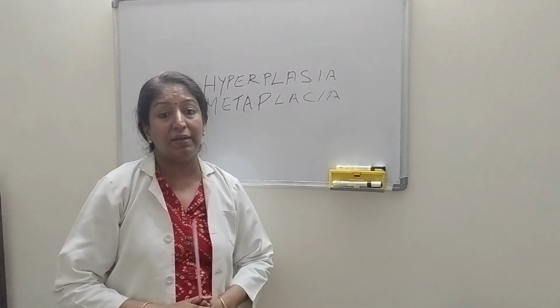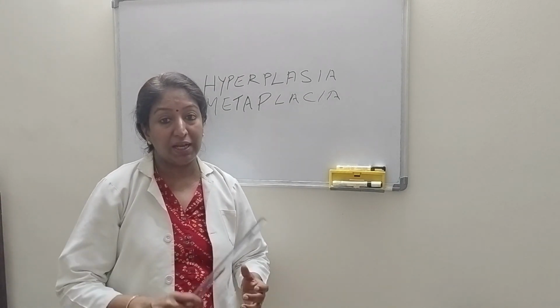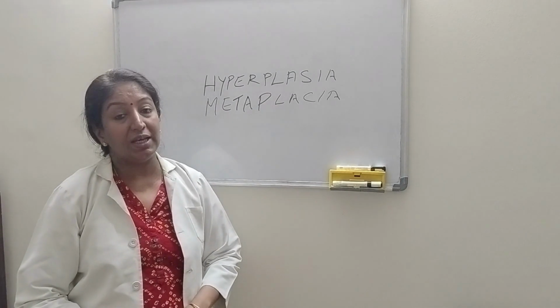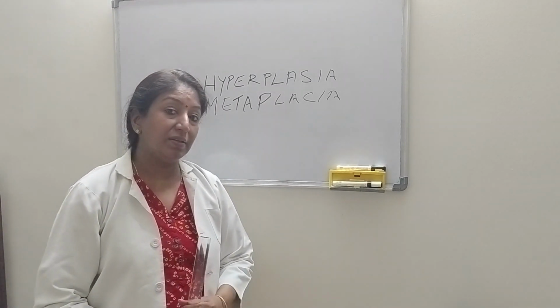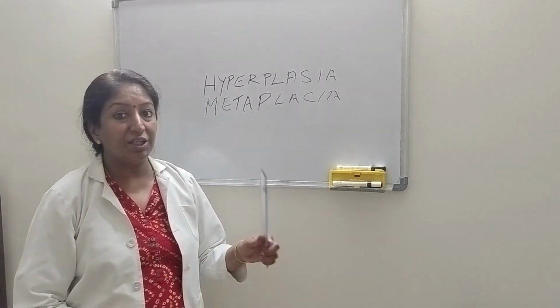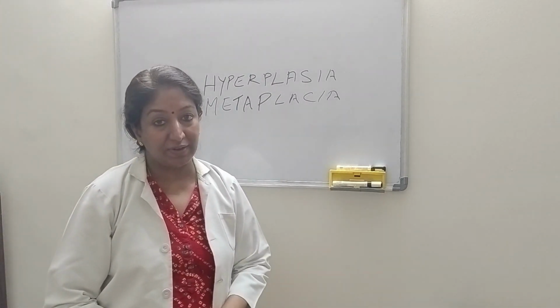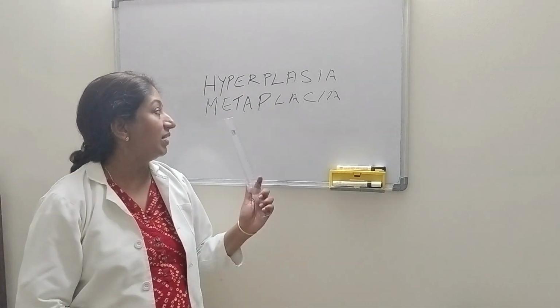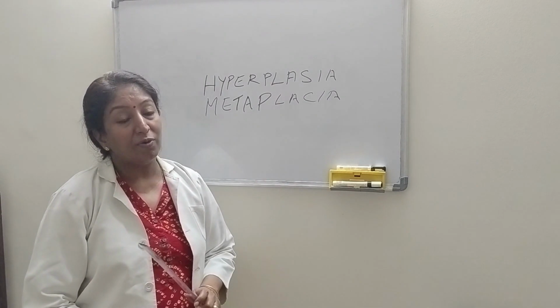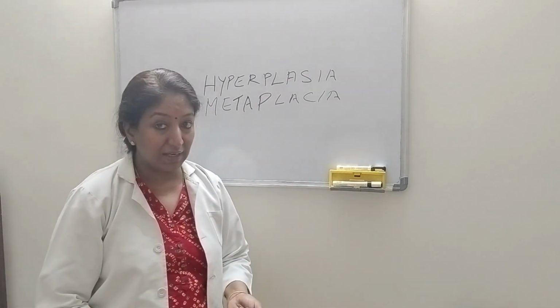The normal squamous epithelial lining of the lower esophagus is replaced by columnar epithelium in patients who have chronic acid reflux. That condition is called Barrett's esophagus. I'll repeat that example once again. In metaplasia, as you know, one type of mature cell is converted into another type.